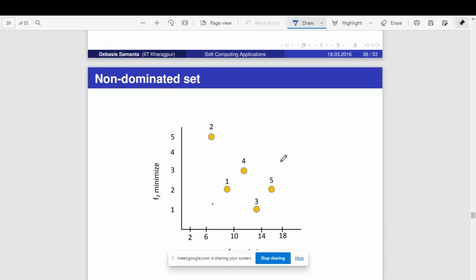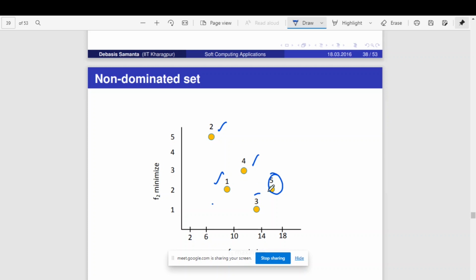Is 5 dominating 2? What about 3? Not 3. So the question is, can you identify one solution which dominates everybody? No, there is no such solution.